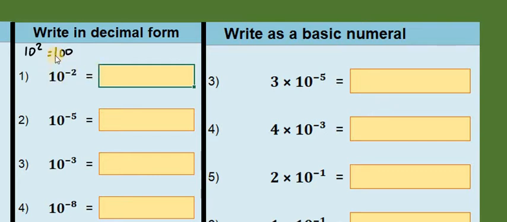So if we think of it as starting from 1, and we have second power, we move the point 2 places to the right. So if it's negative, if we start from 1, we move the point 2 places to the left. And so it will be 0.01. So 10 to the negative 2 power will be 0.01.